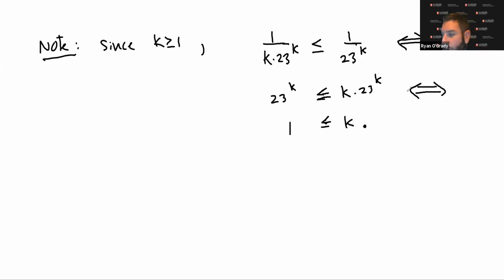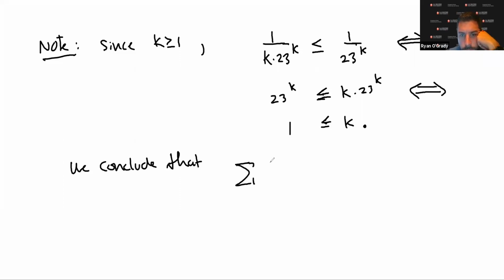All right, so here's what we got. So we're done then. We conclude that the series that we started with is less than the series of 1 over 23 to the power k, but this is a geometric series.